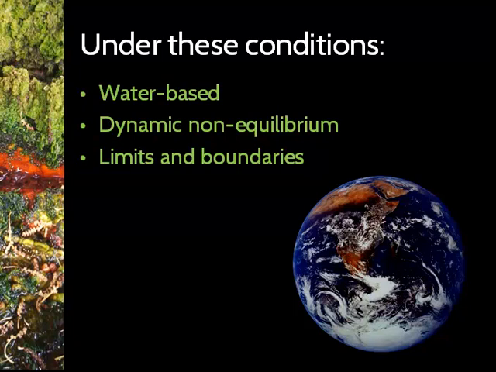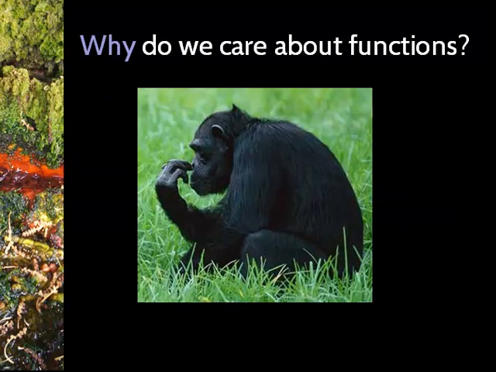We'll get way more into this stuff once we get into life's principles and later in the course. Okay, so that's why we have these functions, but why do we care about these functions that organisms are performing? I mean, you're sustainable designers, you want to design things and processes and systems. Why do you care about these functions that organisms perform?